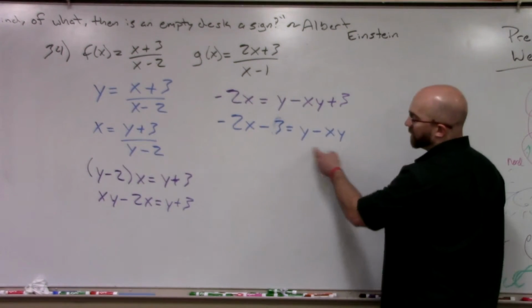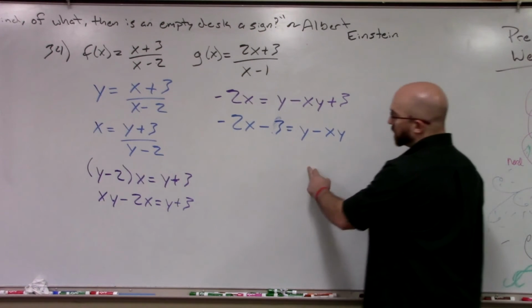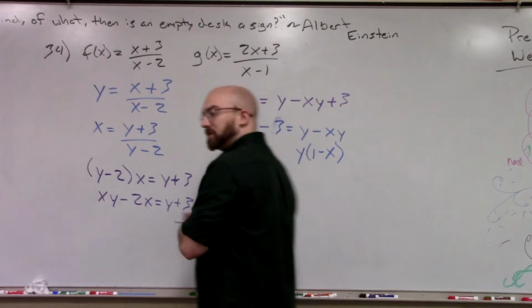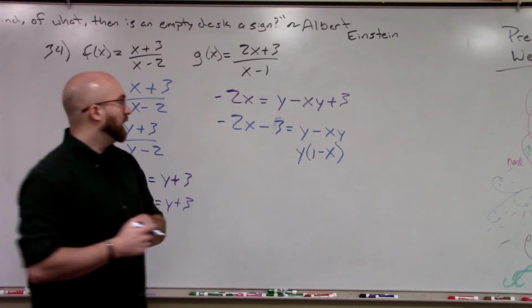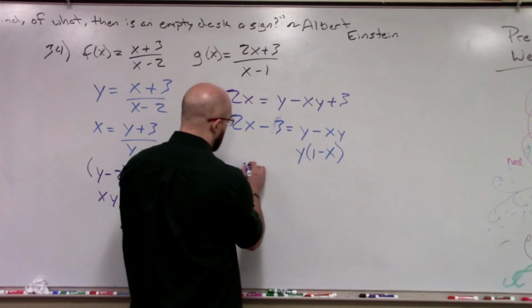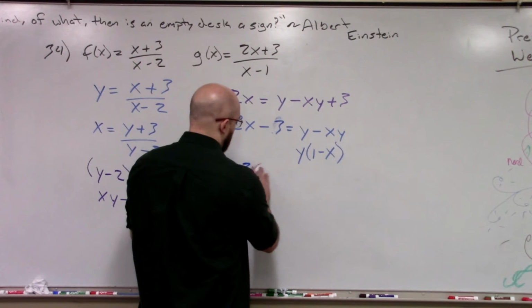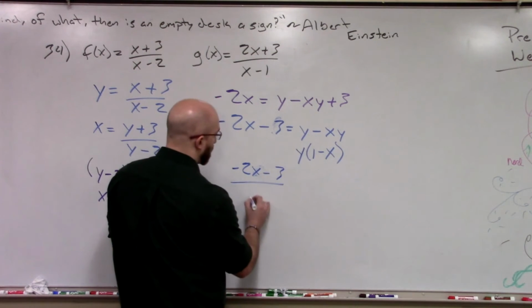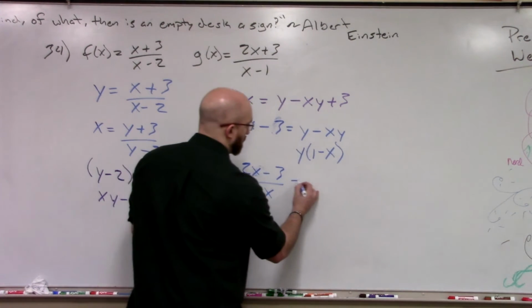They have a y in common. There's a y here and a y here. So we're going to factor out a y. So we get this. Now let's divide by the 1 minus x. So now we get negative 2x minus 3 all over 1 minus x equals y.